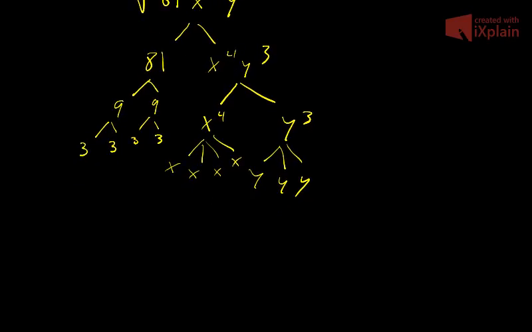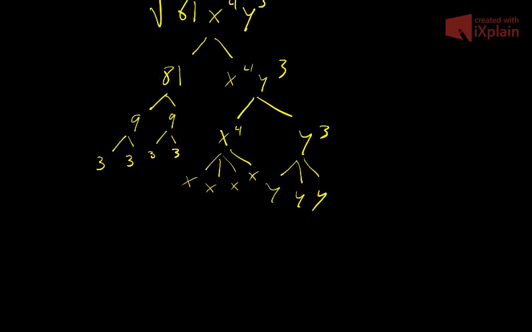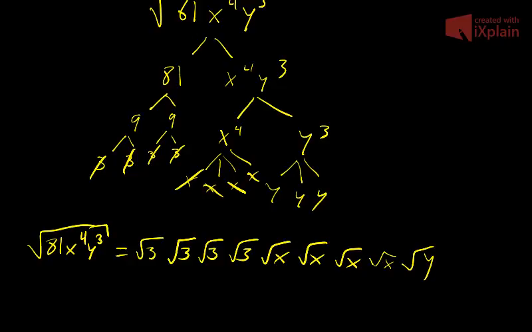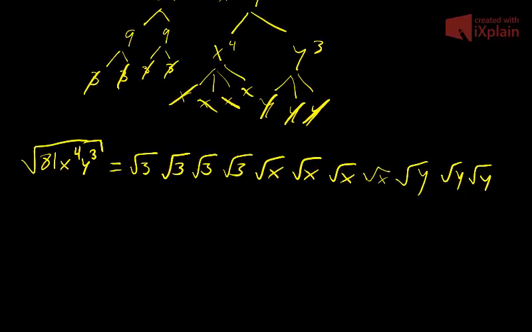Now that I have all of that, I can rewrite square root of 81 x to the 4th y cubed as the square root of 3, times the square root of 3, times the square root of 3, times the square root of 3, times root x, root x, root x, root x, root y, root y, root y. And that's a nice little chain of things for me to deal with.